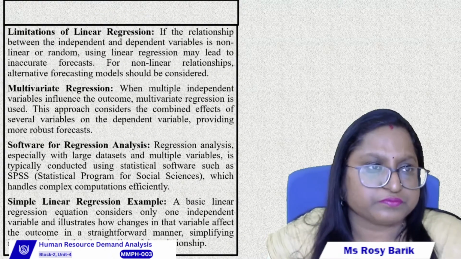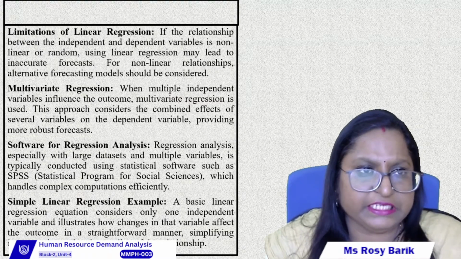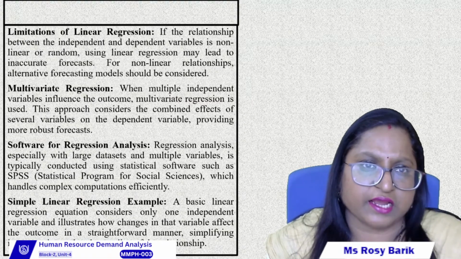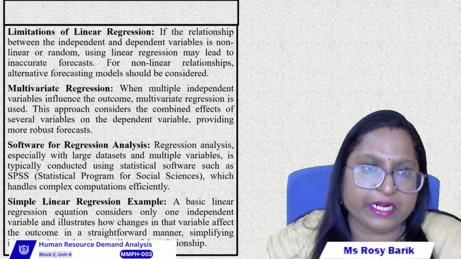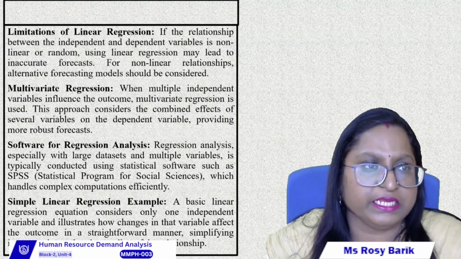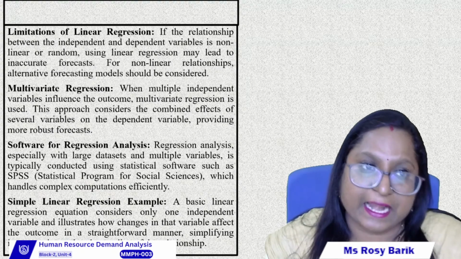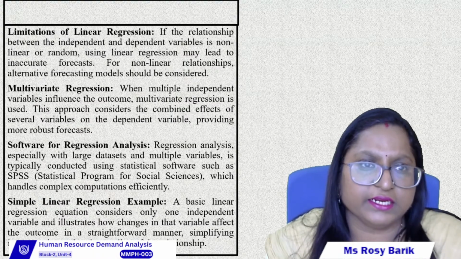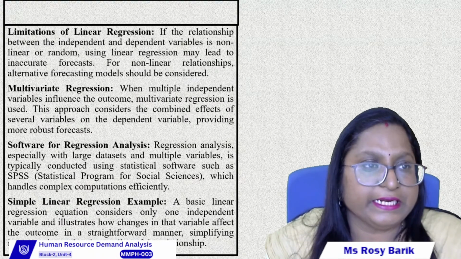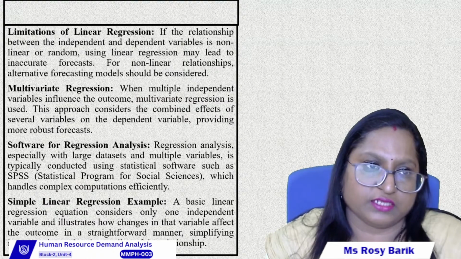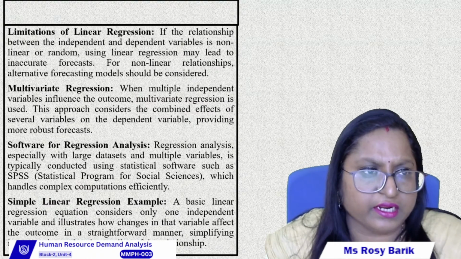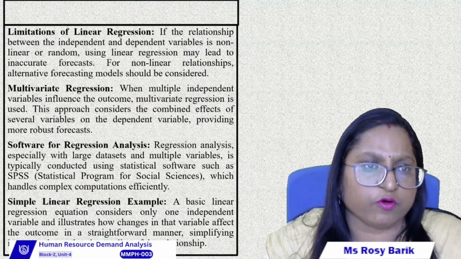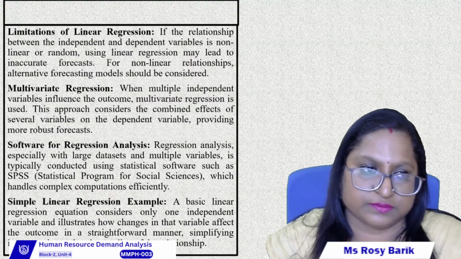Here the limitations of linear regression are: if the relationship between independent and dependent variable is non-linear or random in nature, using linear regression may lead to inaccurate forecasts. For non-linear relationships, an alternative forecasting model should be considered.